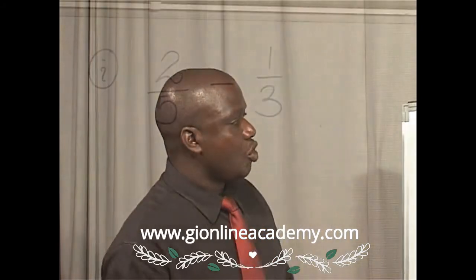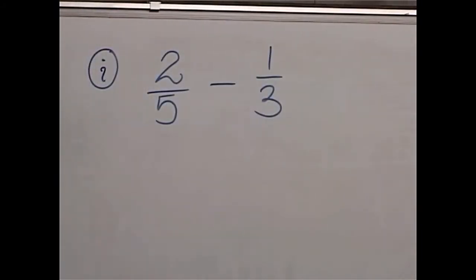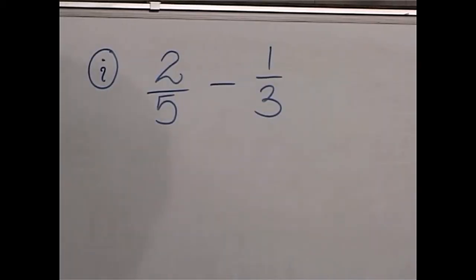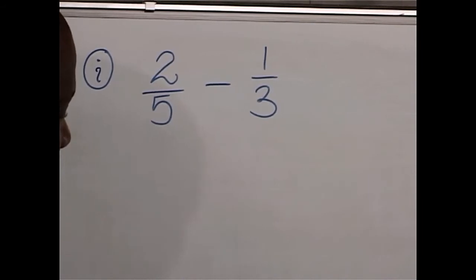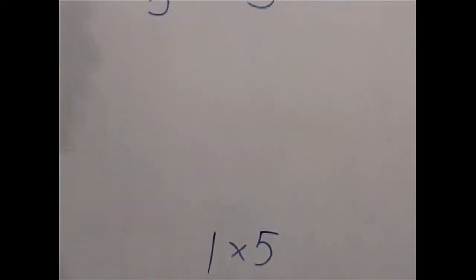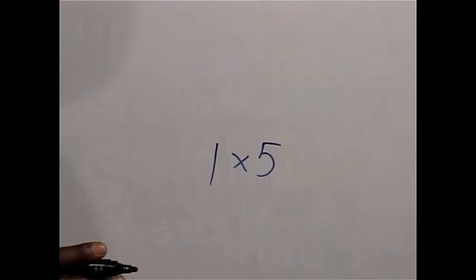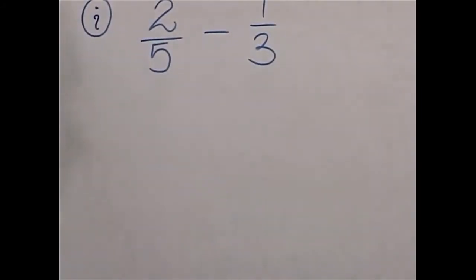For example, when we look at 5, the only other two whole numbers that can be multiplied to get 5 are 1 and 5 itself. There are no other two whole numbers that can be multiplied to get 5. And the same applies to 3.